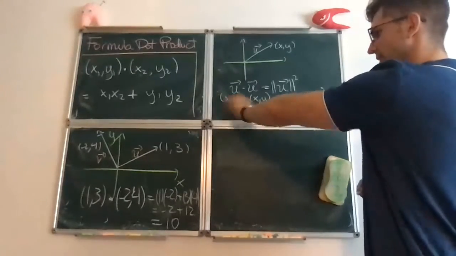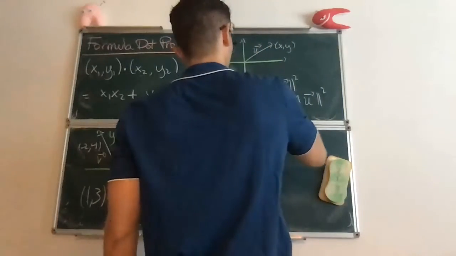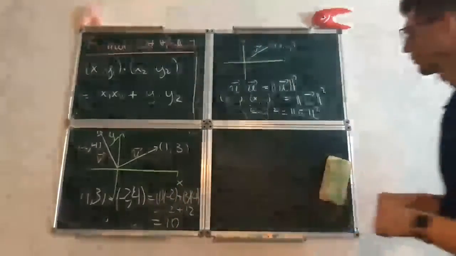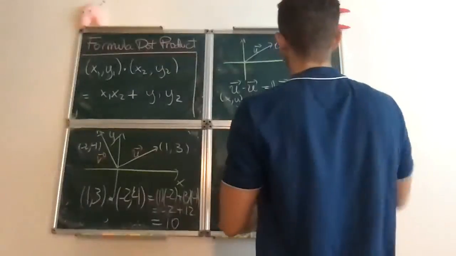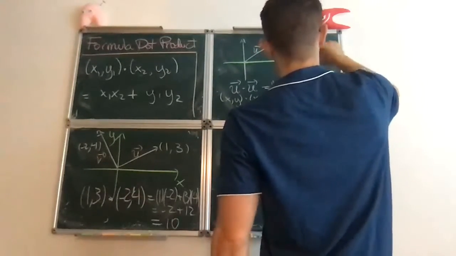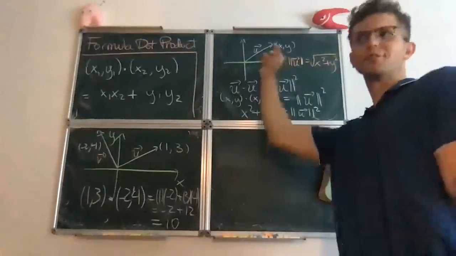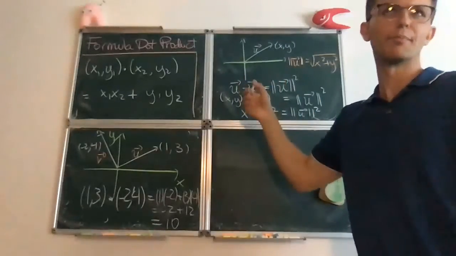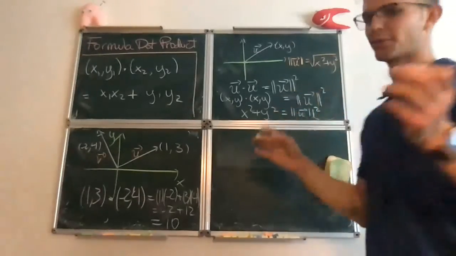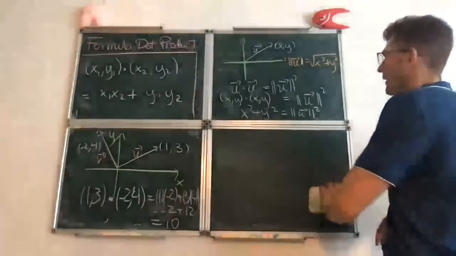And if you follow the recipe, this gives you x squared plus y squared. So what we found after taking square roots is that the norm of this vector u is the square root of x squared plus y squared. Which obviously should ring a bell because it is nothing but Pythagoras theorem. So in a way, secretly the formula for the dot product incorporates Pythagoras theorem in a very natural way.